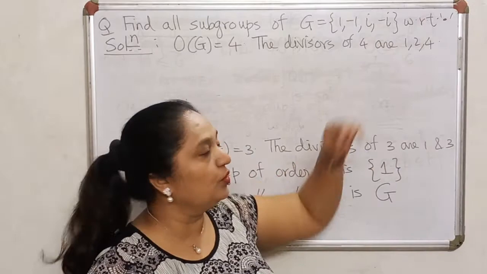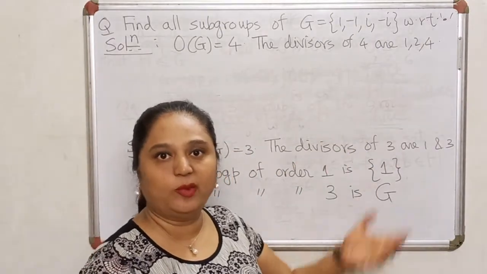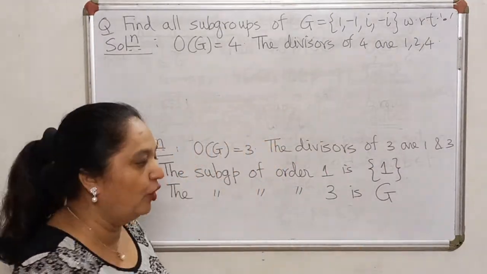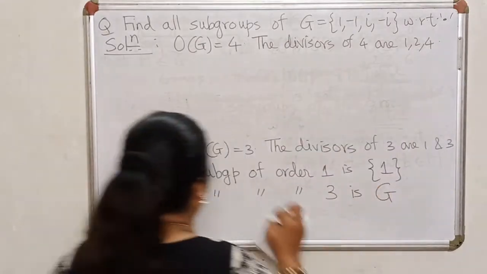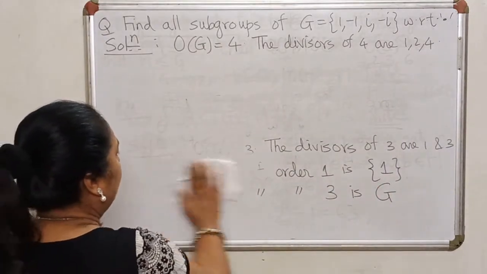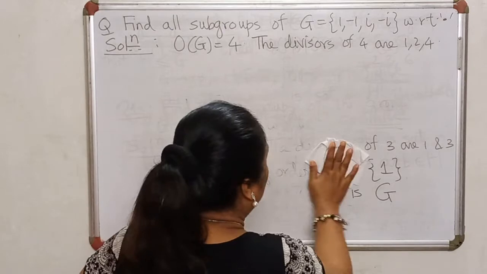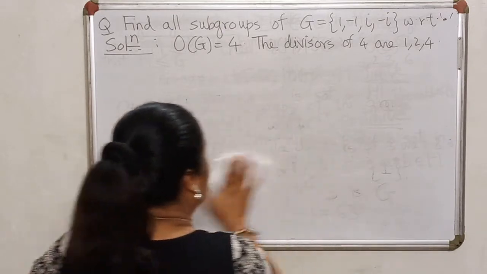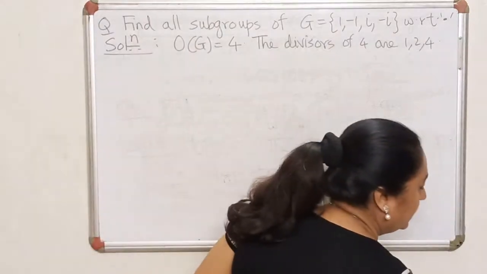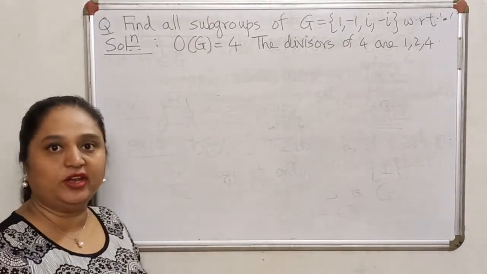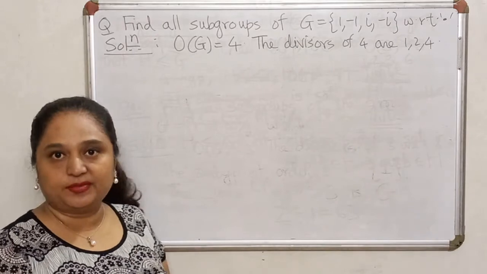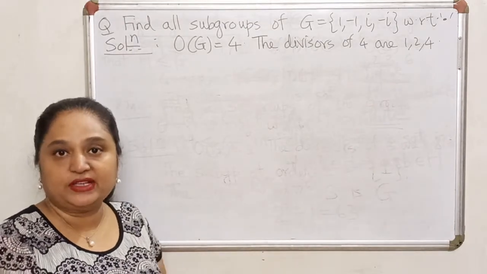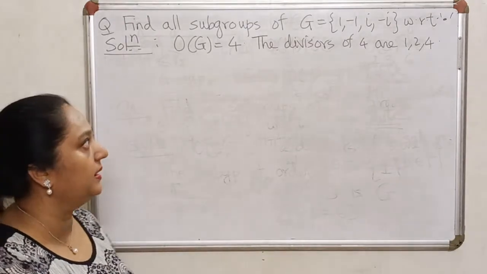Well, it should be easy to find out what is a subgroup of order 1 and a subgroup of order 4. I'll give you a moment to think about it and then we will come to subgroups of order 2. If you take a subgroup of order 1, as I told you in the last example, it should be a subset which will contain only one element, and if the subset has to contain only one element, it has to have the identity and nothing else.